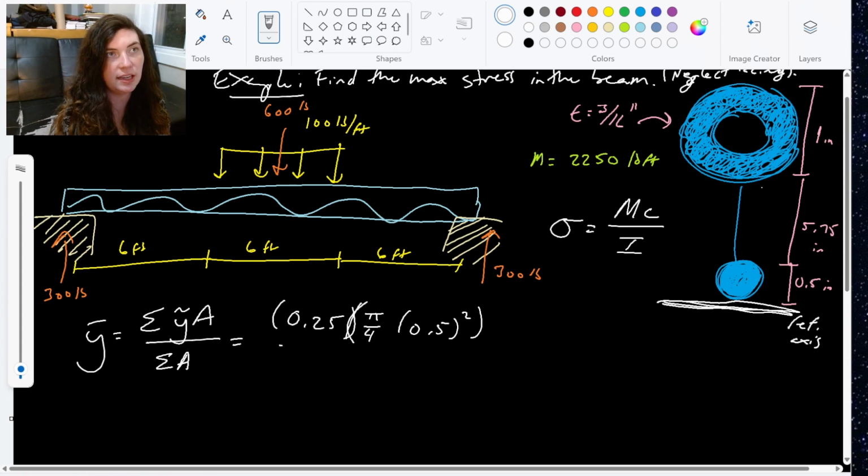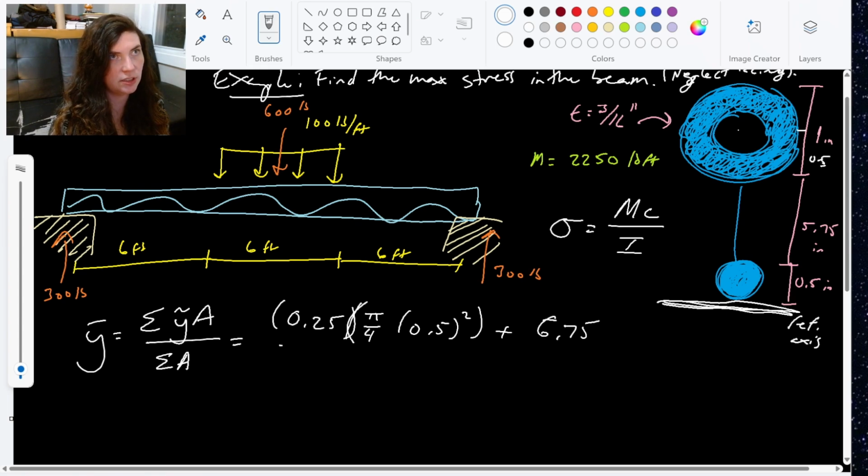Then I can do the same for my tube up here. So plus the distance to the center of this. Center happens right here, 0.5 inches up. That's 0.5 plus 5.75 plus 0.5 is 6.75.